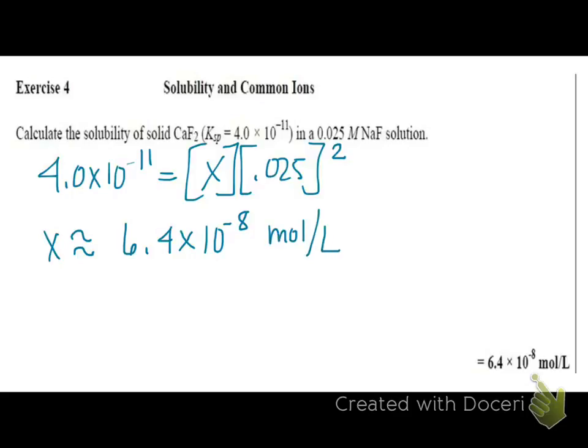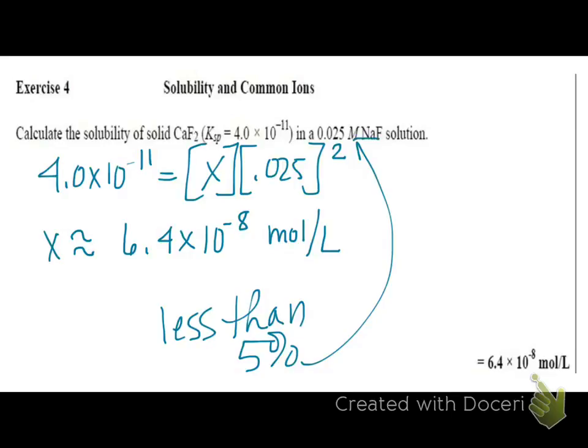And when we check that, we see that that value is less than 5% of the original concentration of 0.25. So it's a good assumption.